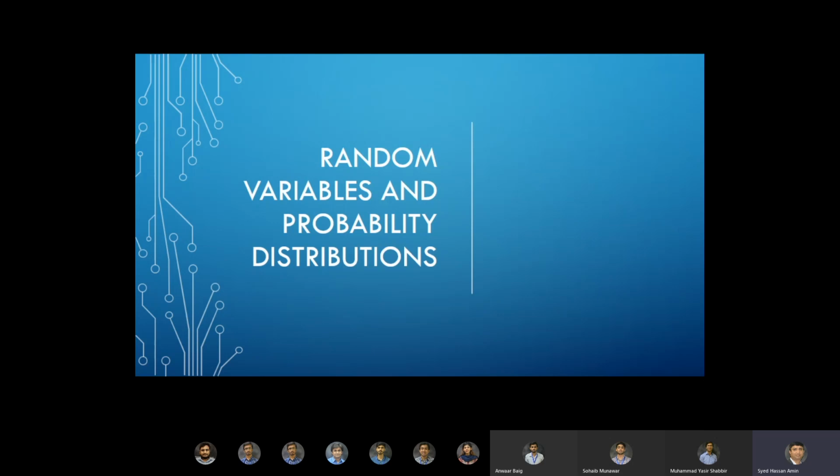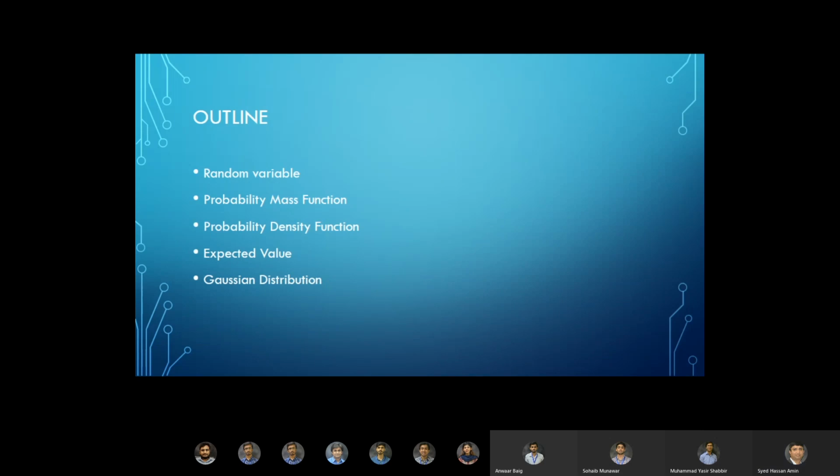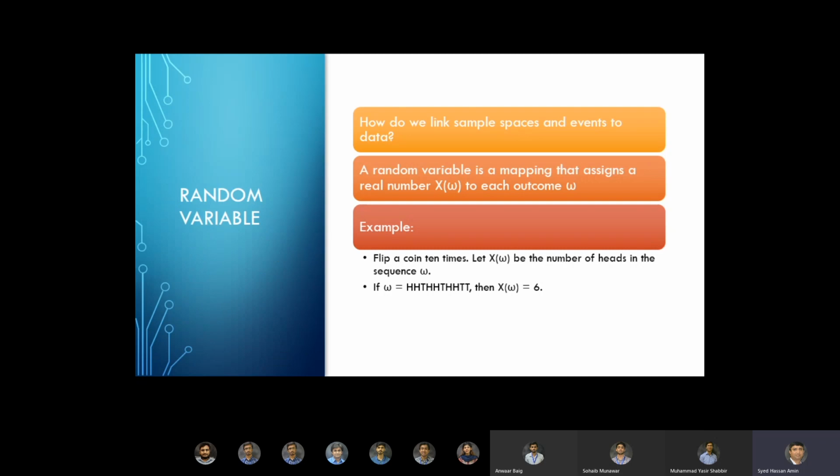These are random variables and probability distributions. Let's look at a few key concepts such as random variables, probability mass functions, probability density functions, expected value, and Gaussian distribution. These are the key concepts used in the development of algorithms, in verification of our results, and in determining the confidence that we have in various predictions that we are making.